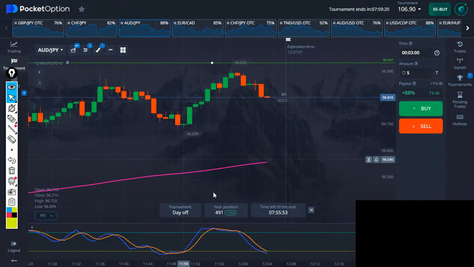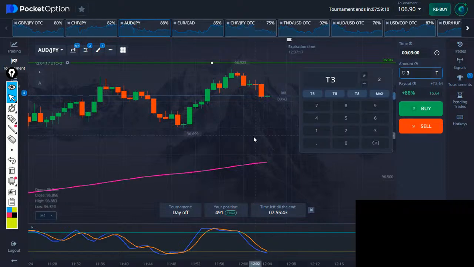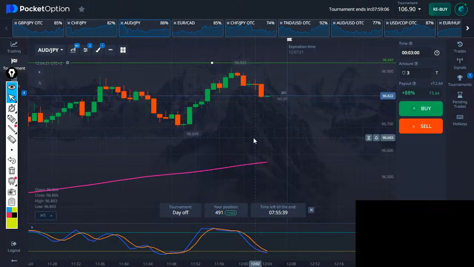Not yet. However, this is a beautiful situation happening. Whenever I see a cross to the upside, I'll take a $3 position. I'll reduce the amount because the 15 minutes chart is against us. However, since we are testing this specific strategy, we'll stick to taking the trade.